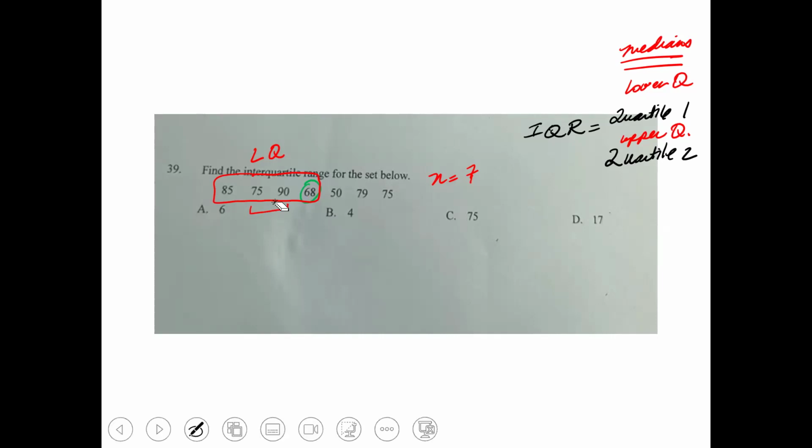You see how this right here is an odd number? Yeah. For an odd number, exclude the 68. So do not include the middle number. So we're going to find the middle number of just these numbers here. That's going to be the lower quartile.